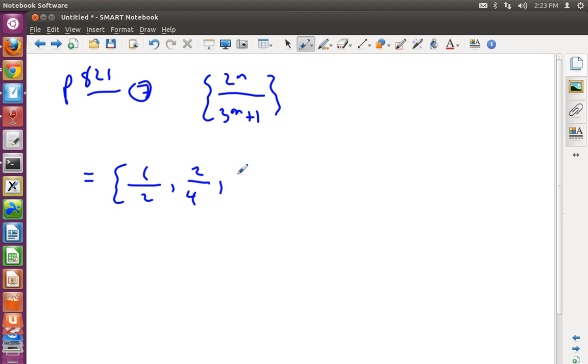Plug in 2. So 2 to the 2nd is 4. And 3 to the 2nd, 9 plus 1 is 10, which does reduce, I guess. All right, you don't have to. And now we plugged in 0, 1, 2, 3. The top one is 8 over 28.